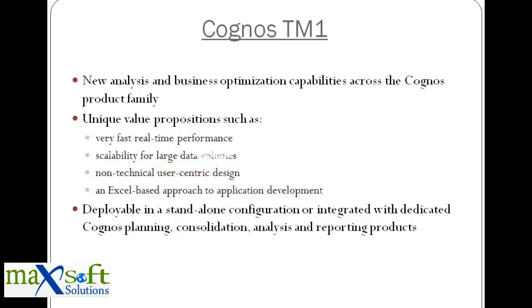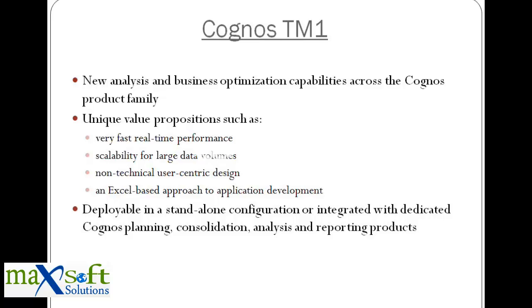So just a bit about the properties of TM1. It has very fast real-time performance. The data retrieval speed in TM1, the way you look at the data, is very fast. It's real-time, and it can store large volumes of data. It's also an easy-to-use tool for the end user.